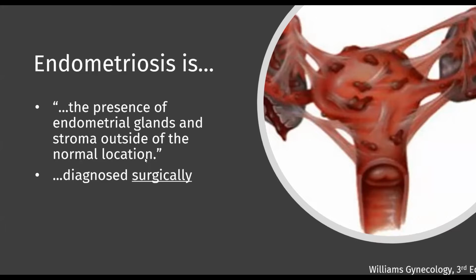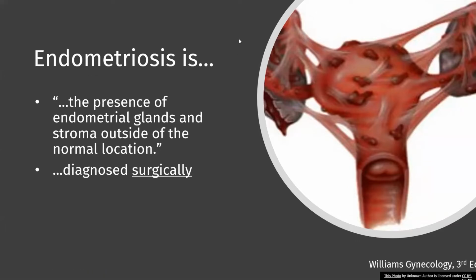The normal location is typically what lines the inside of the uterus, where, if somebody were to be pregnant, a baby basically lives and grows. Now, just because it looks the same way under a microscope, it doesn't necessarily mean that it behaves the same way. And I think it's important to keep that in mind.